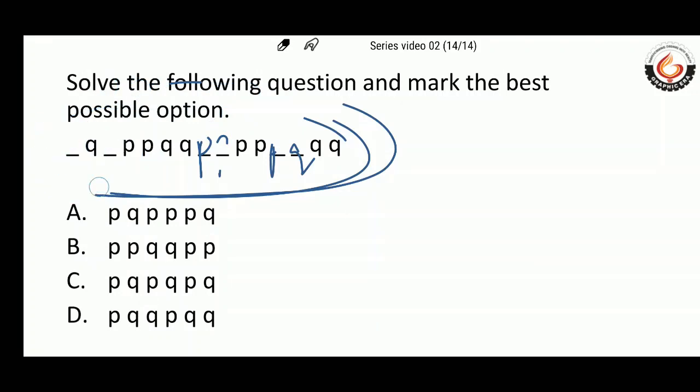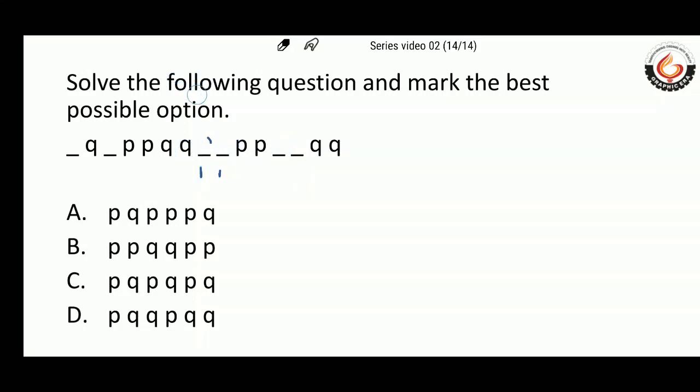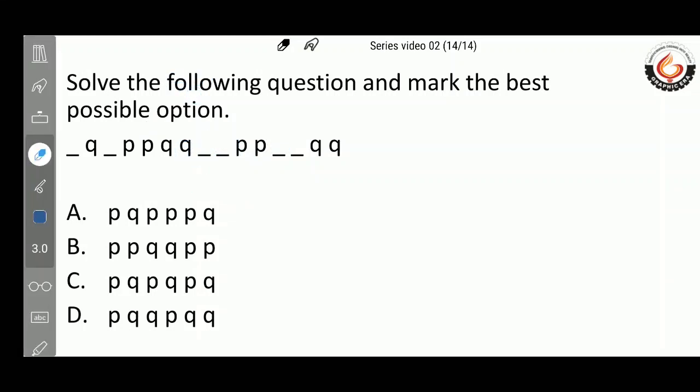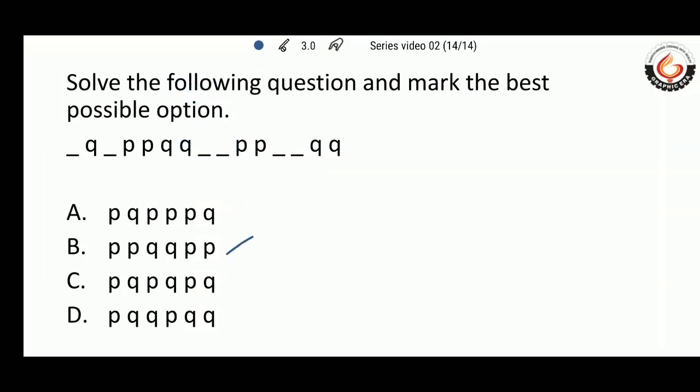Let's check the second option. If I say P, P, Q, Q, it is forming 3P, 4Q, again 4P, 2Q, not a sequence.